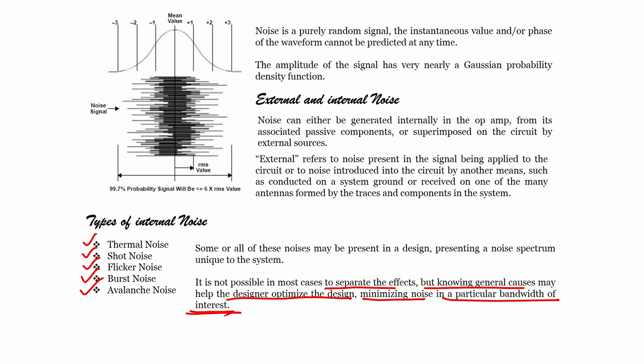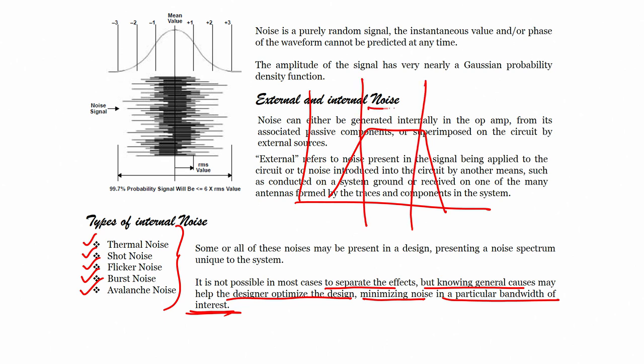So, all this noise may be present in the system and it may not be possible to separate and remove the effect of the noise on the system, but if we know that these are the noises possibly present in the system, at least in the band of interest, right. We have seen filters, and let us say this is a band pass filter, this is the band of our interest, correct.